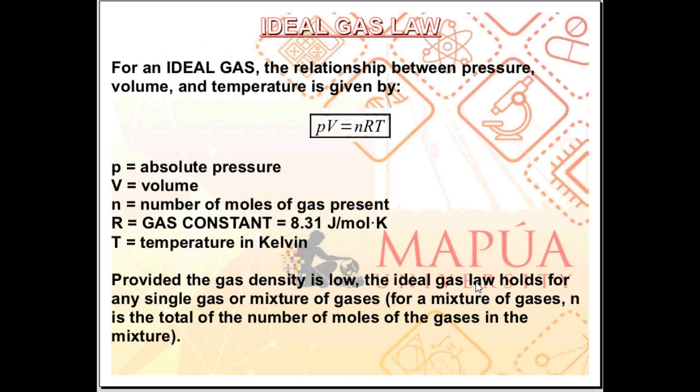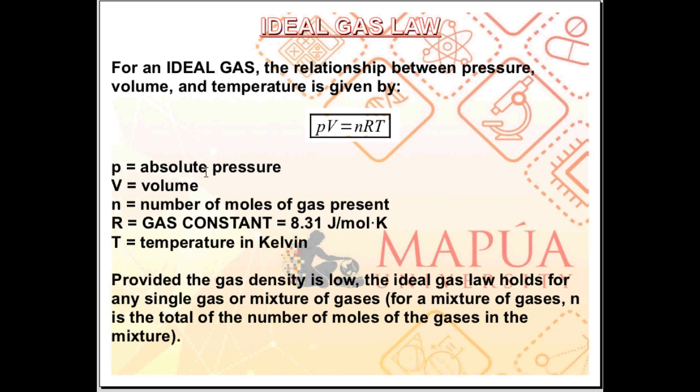Speaking of ideal gas, let's take a closer look at the ideal gas law. For an ideal gas, the relationship between pressure, volume, and temperature is given by PV is equal to nRT, as we have mentioned in the previous slide. PV is equal to nRT.